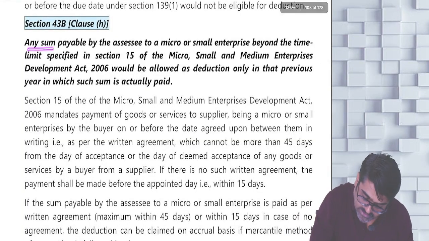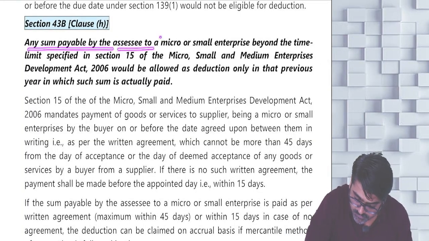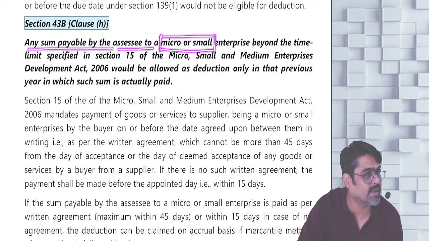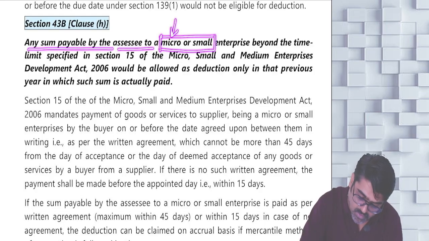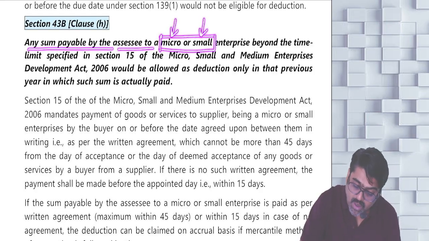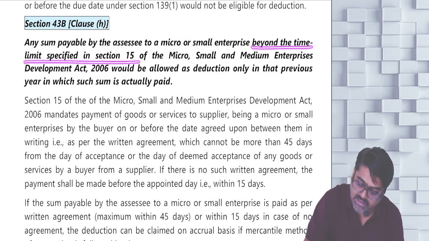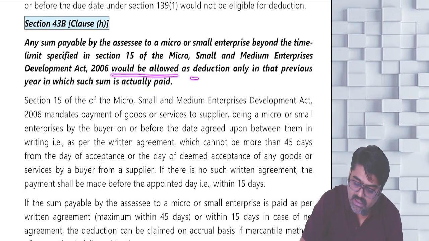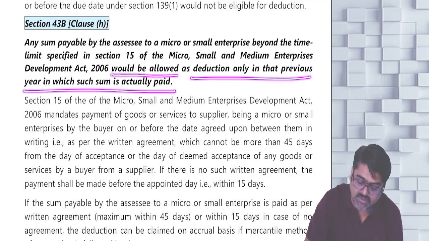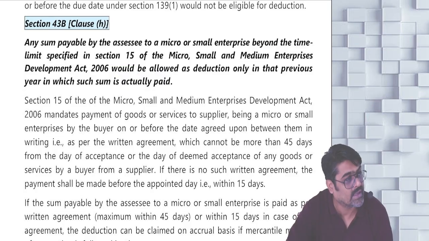Can you check here? Any sum payable by the assessee to a micro or small enterprise. Are they using the word medium enterprise? Only micro and small. Beyond the time limit specified in section 15 of the MSMED Act would be allowed as a deduction only in that previous year in which such sum is actually paid.